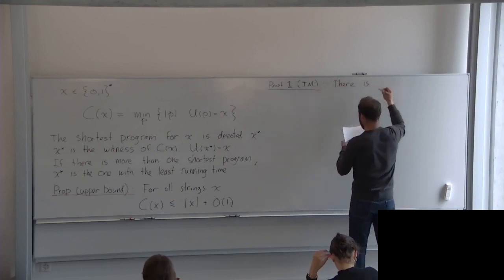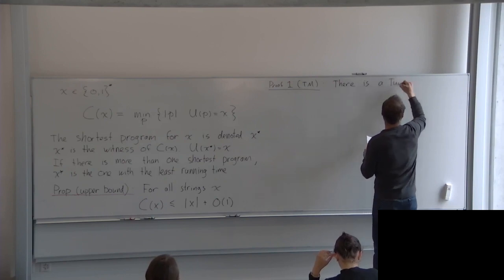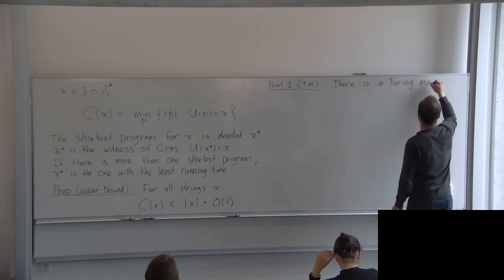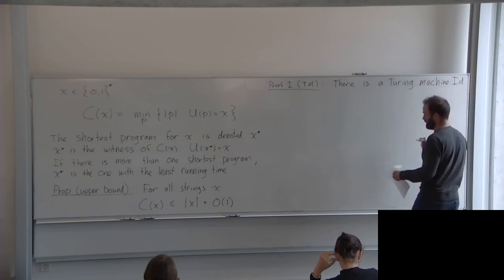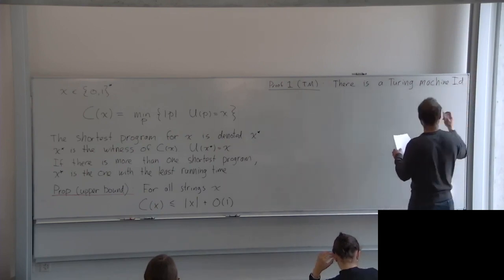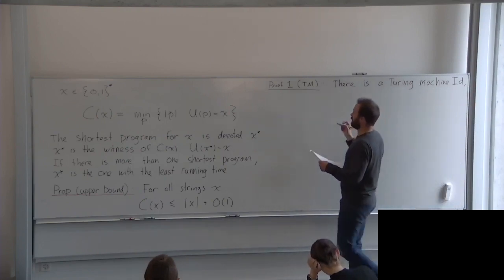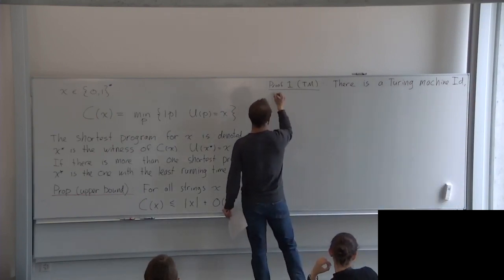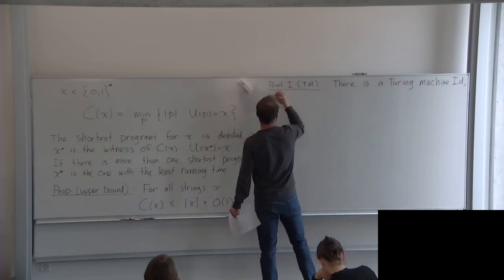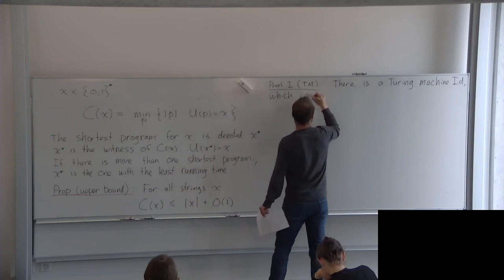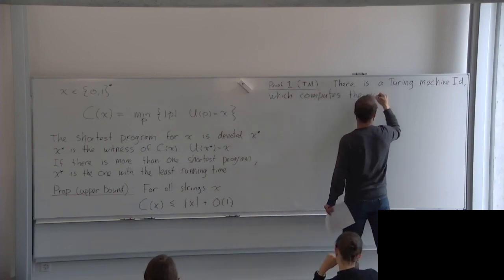There is a Turing machine I call it ID, or identity, which computes the identity function.